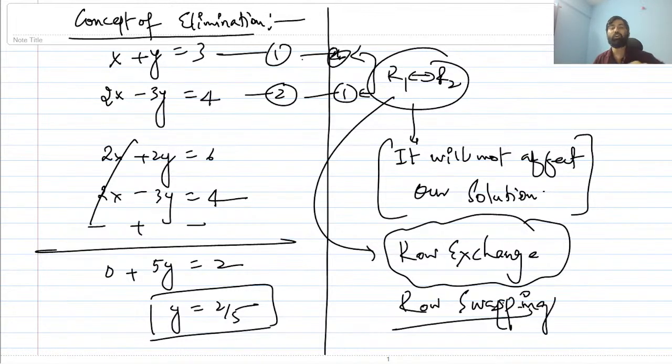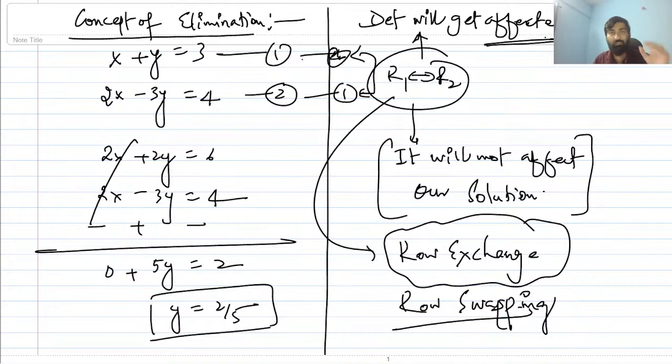Row swapping or row exchanging, your solution will not get affected. But remember, here I am just giving you a note: the determinant value of the matrix will get affected.